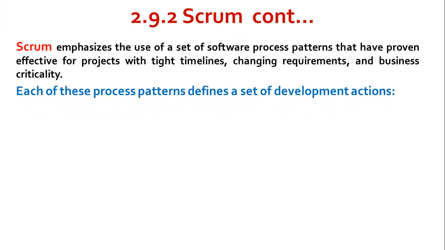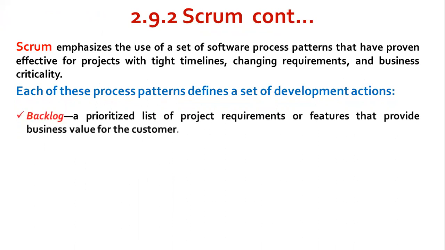The first one is the backlog: a prioritized list of project requirements or features that provide business value for the customer. Items can be added to the backlog at any time, and the product manager assesses the backlog and updates the priorities as required.